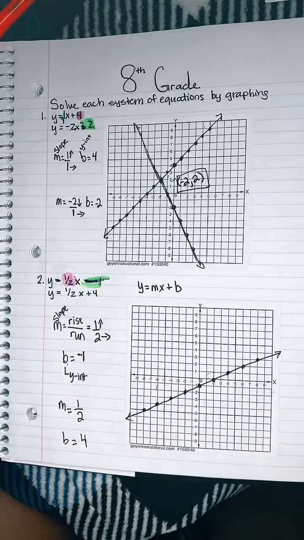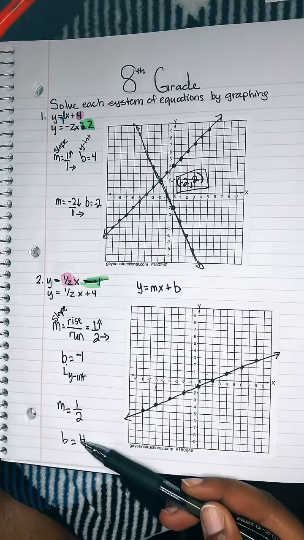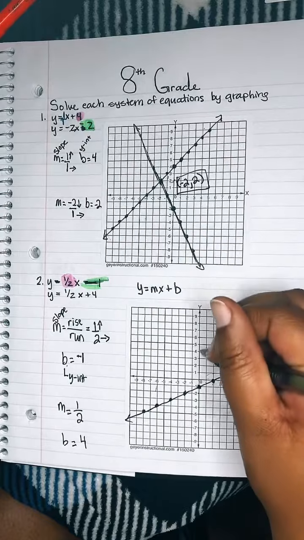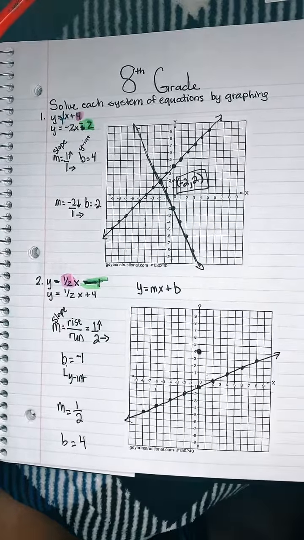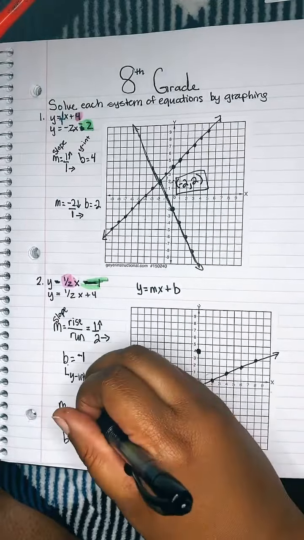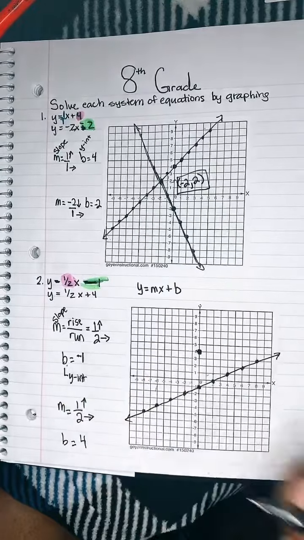Okay. So remember, what does B mean? It's the point on the y-intercept. So we find 4 on the y-axis. On the y, I look for 4 and put a point. Then what my slope tells me is I rise 1 and go to the positive 2.